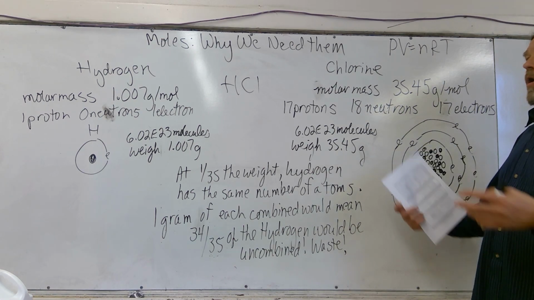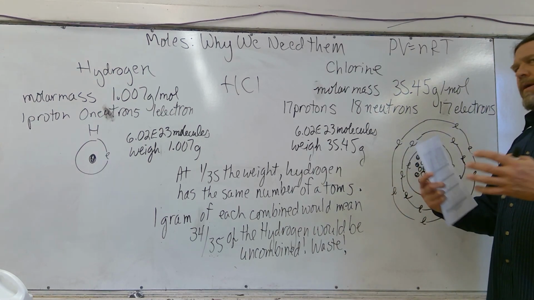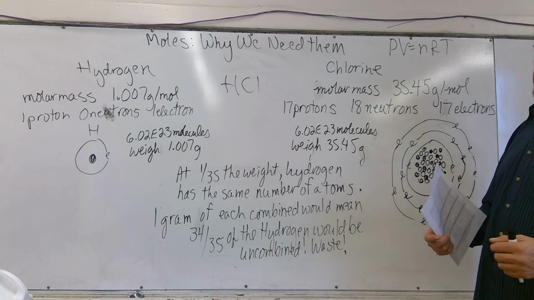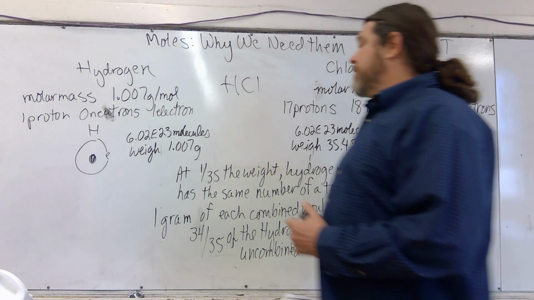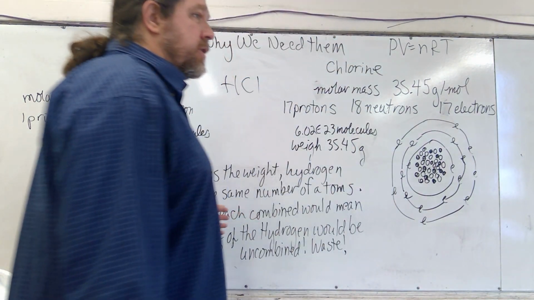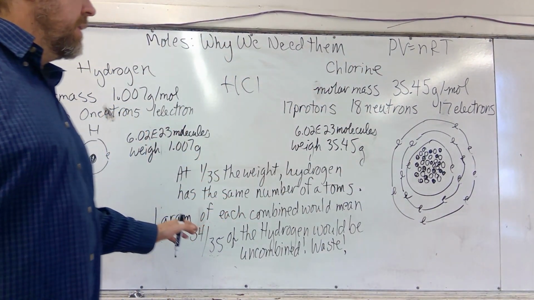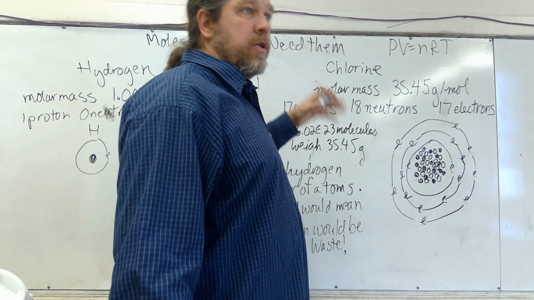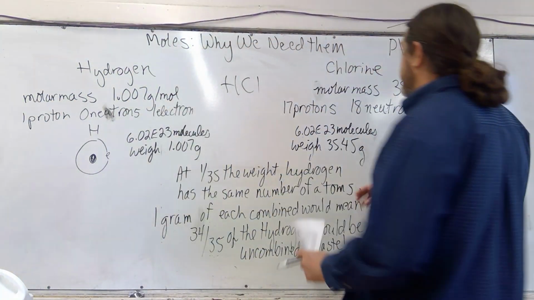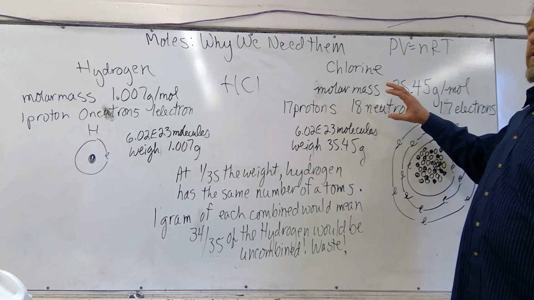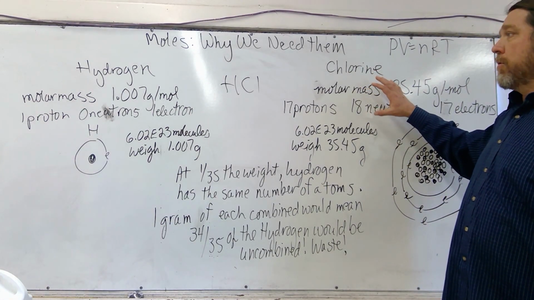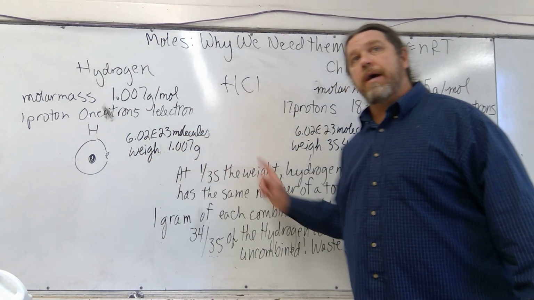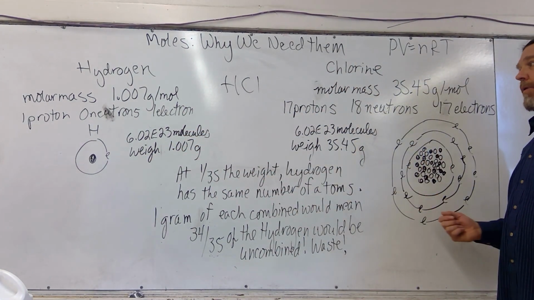We're not going to have all the atoms meet each other and combine into a compound or new molecule. But it would make sense that a reasonable estimate is that for every one of our hydrogens, as far as weight, we need to have 35 grams or kilograms of the chlorine. Because if the weight disparity is true on a micro level, it will be true on a macro level.